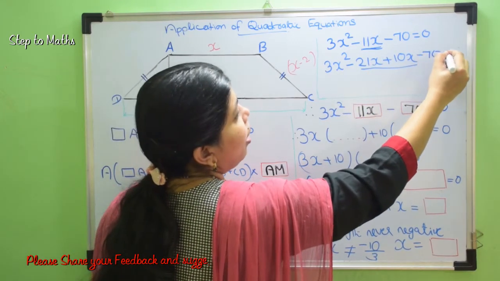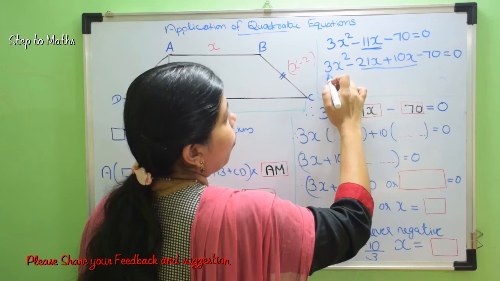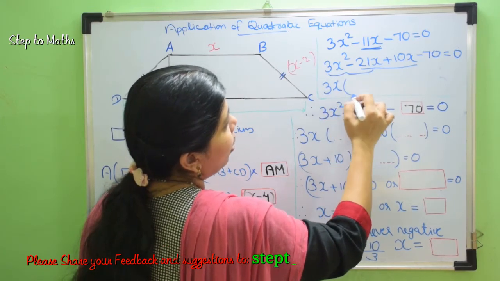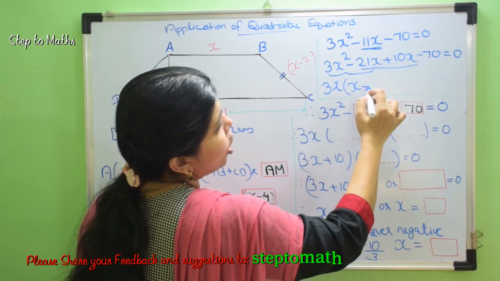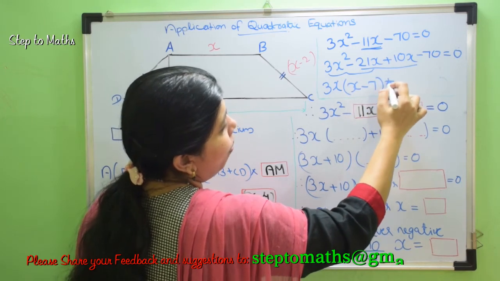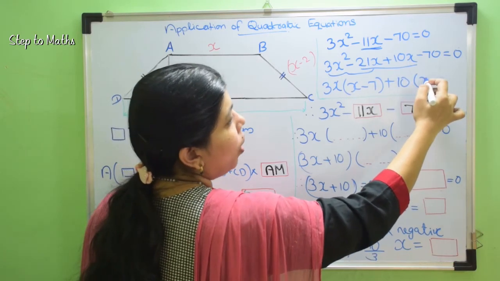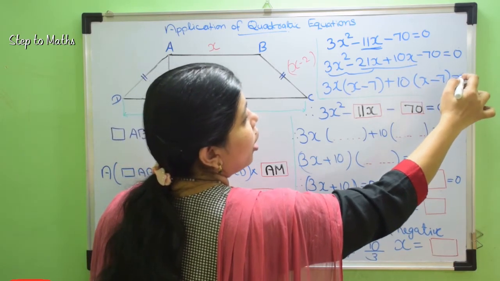Minus 70 equal to 0. Now consider these two terms and 3x taken as common. 3x into x minus 7 plus, here 10 taken as common, 10 into x minus 7 equal to 0.